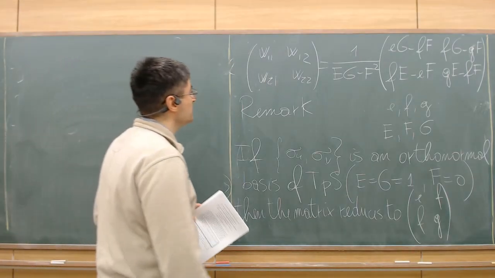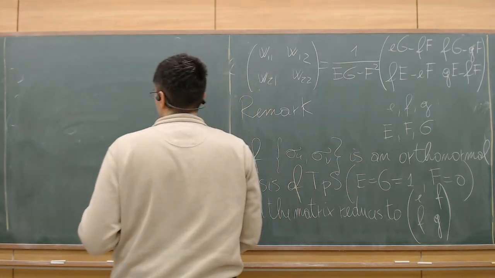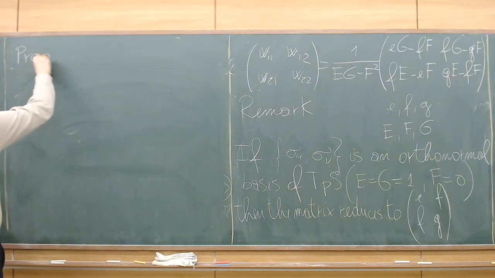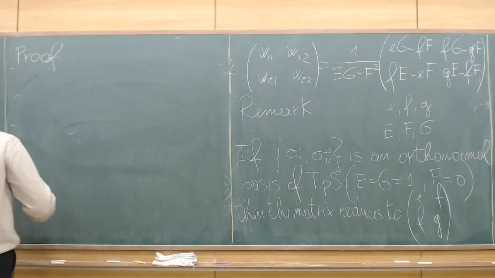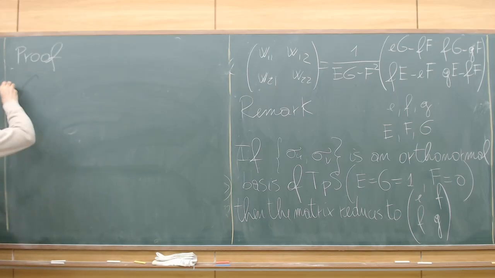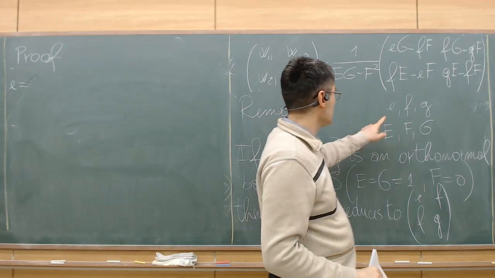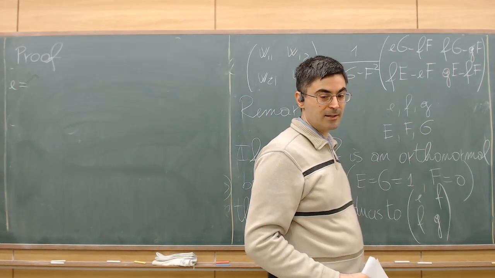How to prove this formula? We need to use the identities relating the coefficients E, F, and G with the Weingarten map.